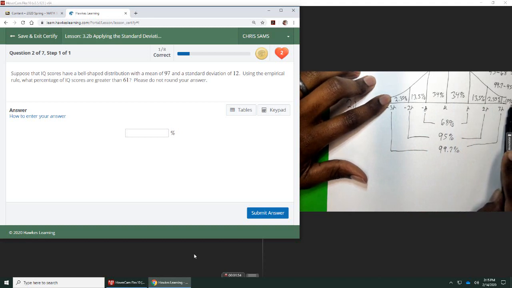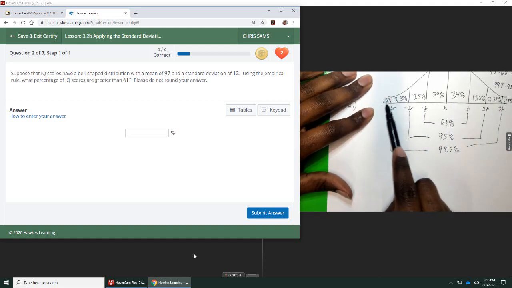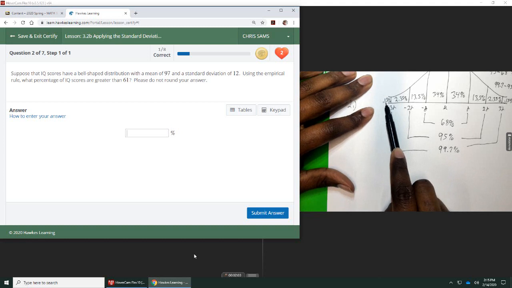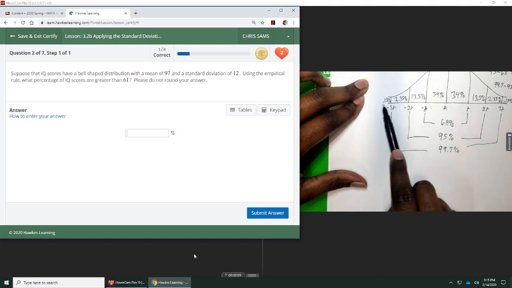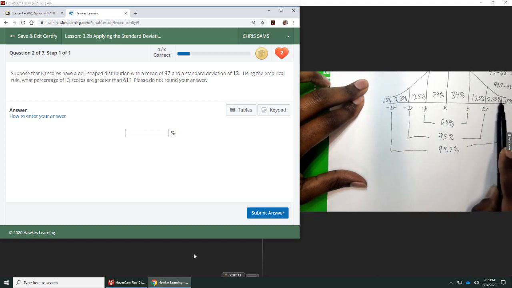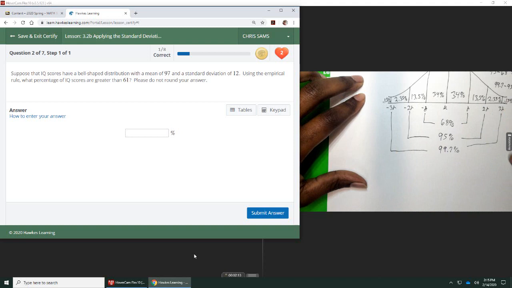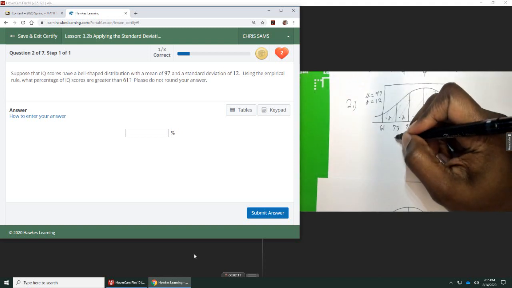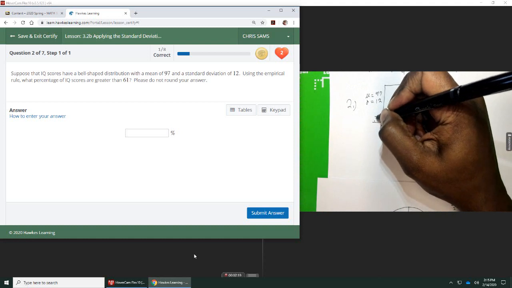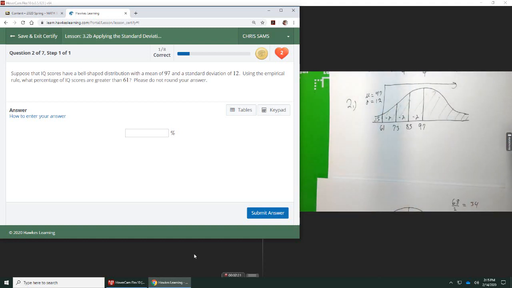Okay. The only other thing we can do is look at what we don't want, so the opposite. Okay, what is less than 61 is just this. So note that the whole curve is 100%. We're going to subtract this from 100, and that should leave us with the same thing. I will do both. Okay. So using this diagram, if we do 100, because this part over here is 0.15, and I want all of the shaded part.